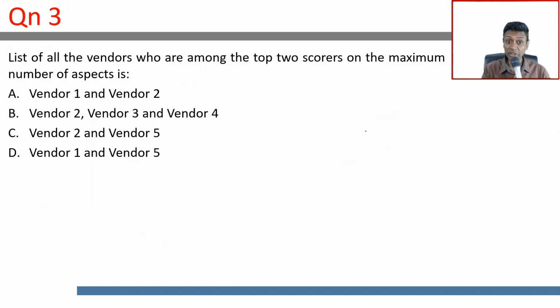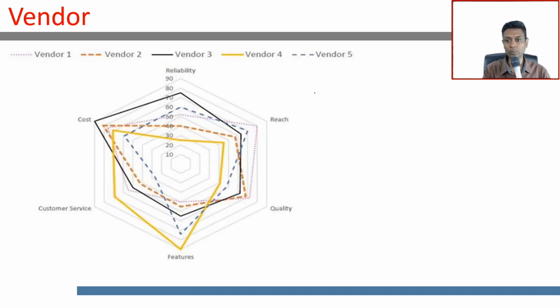List of all the vendors who are among the top 2 scorers on the maximum number of aspects. Maximum number of aspects, top 2. So I'm going to look at cost. And cost, top 2 are V3 and V2. Fine. Reliability will again be V3 and V5.